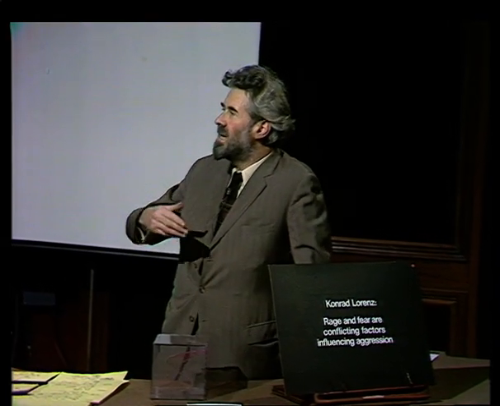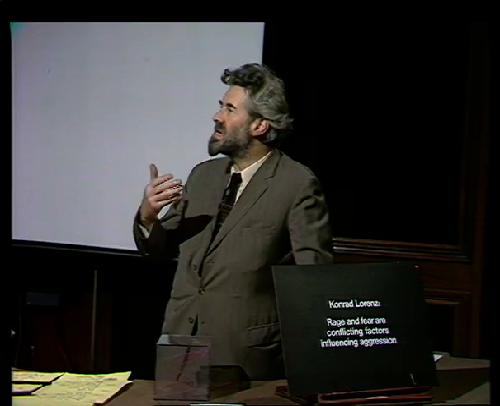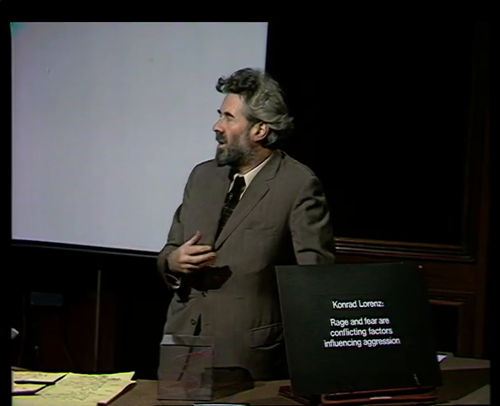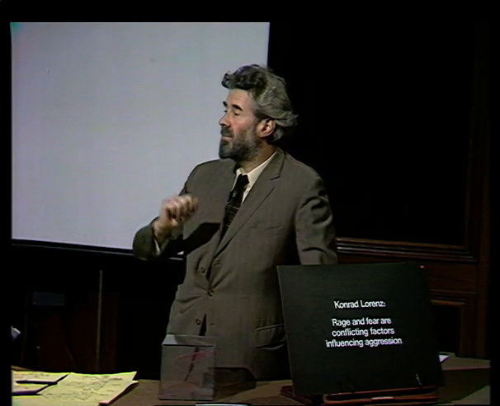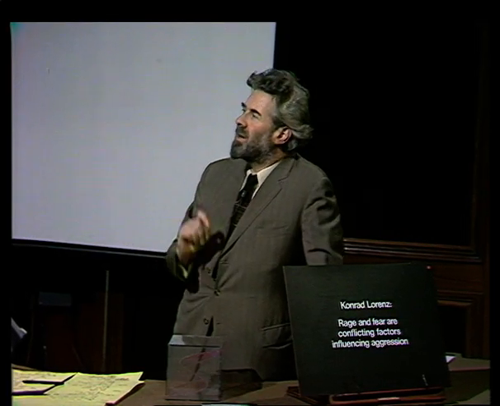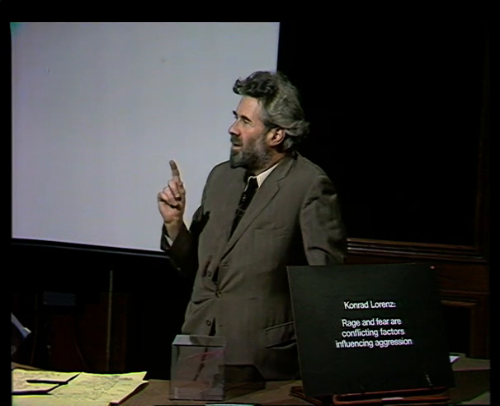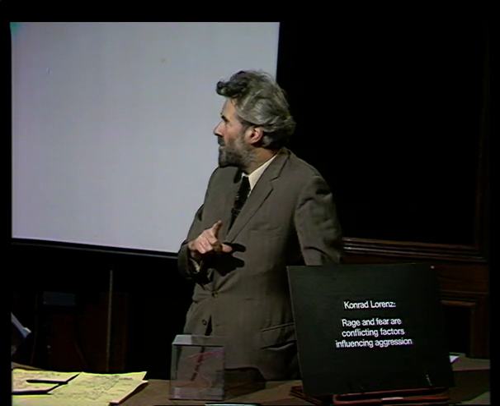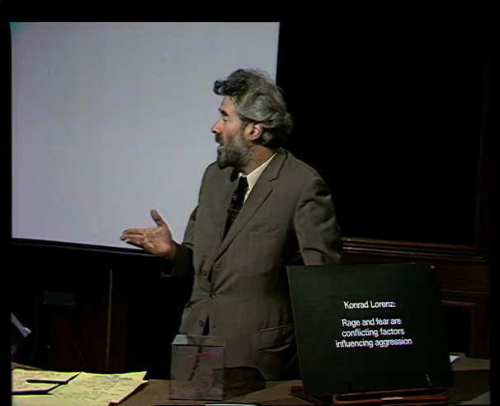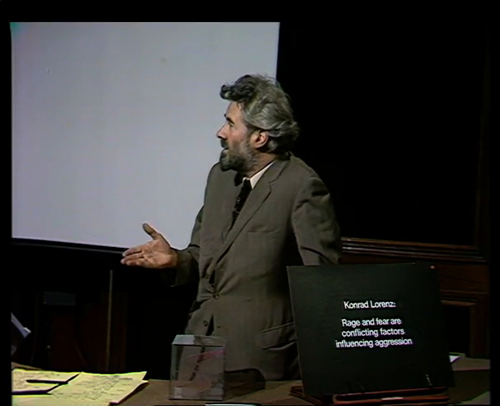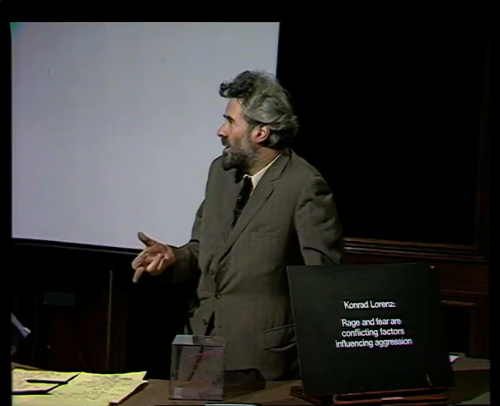And the aggression is the measurement of whether you're in a fighting mood or in a running away mood or moderate mood in between. Now, what does the word conflicting mean? It means that when rage and fear are both present, then you won't know whether to fight or run away. So there's a sort of conflict within you.